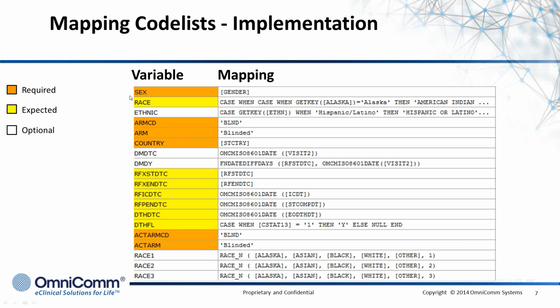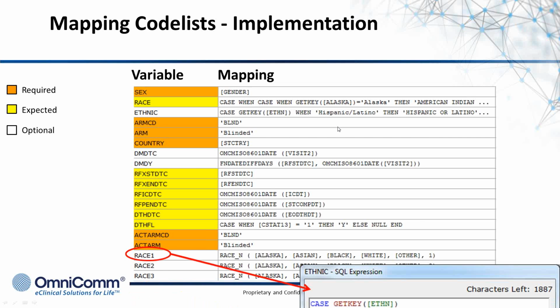Sometimes it's a one-to-one, so sex is mapped to gender. So implicitly, gender has got to have the CDISC code list behind it, M, F, U, and UN. Sometimes it's just a straight text string, so we can just put that right in here. And then sometimes it's one of these little SQL expressions to do a calculation.